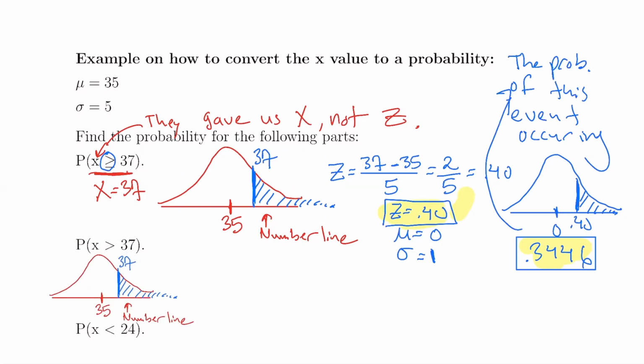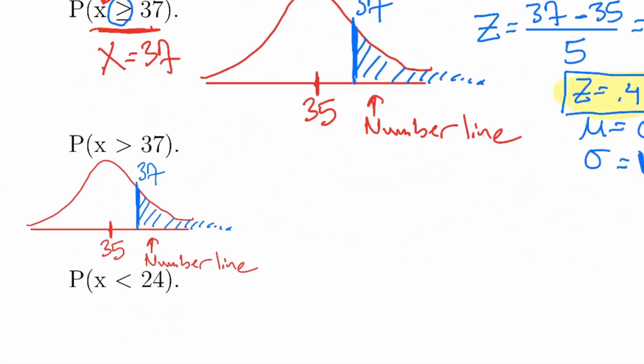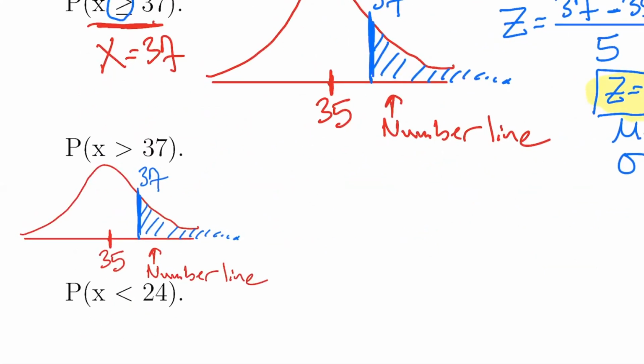So we're using the same drawing. But the only thing different, we're not going to find the z-score for this one. For this one, we're actually going to go straight into the answer. All right, in a little bit, I'll show you how to do it with the calculator. So give me a minute.